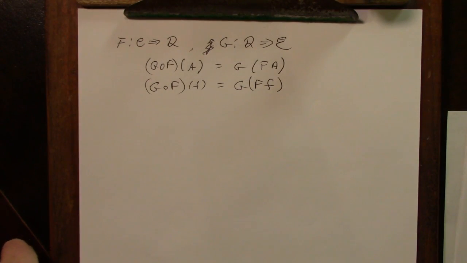Okay, so composition is pretty straightforward. It's just composition of object parts and composition of arrow parts.